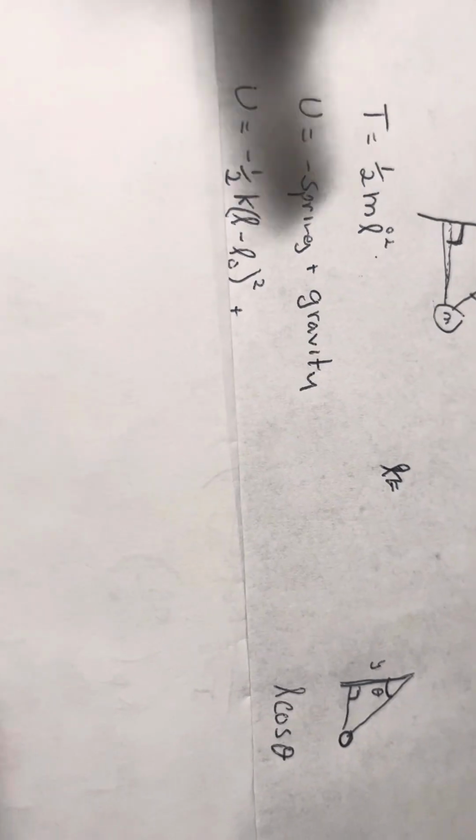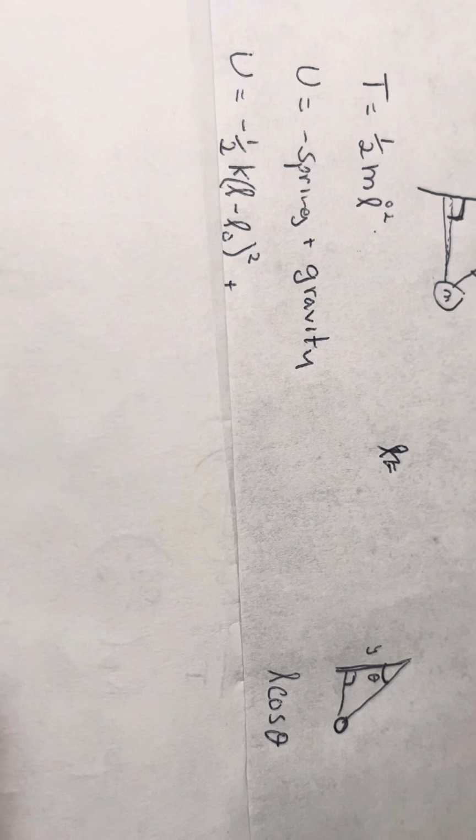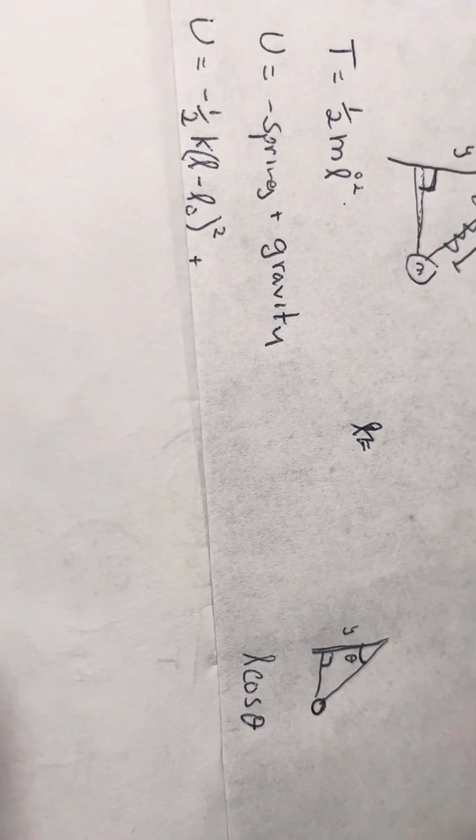To write that, U is equal to negative 1/2 K (L minus L0) squared, and for some reason I forgot to write it, plus mgy, where y here is equal to L cosine theta.